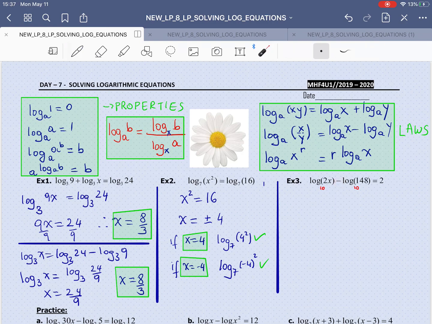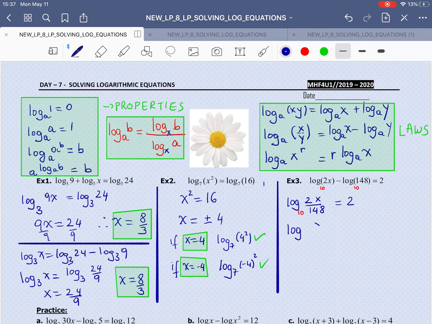So in this case, we're going to say that we need to apply the quotient law in order to combine these two terms. So we'll write log with base 10 of 2x minus log with base 10 of 148 equals log of 2x over 148. The base is 10. And that would equal 2.